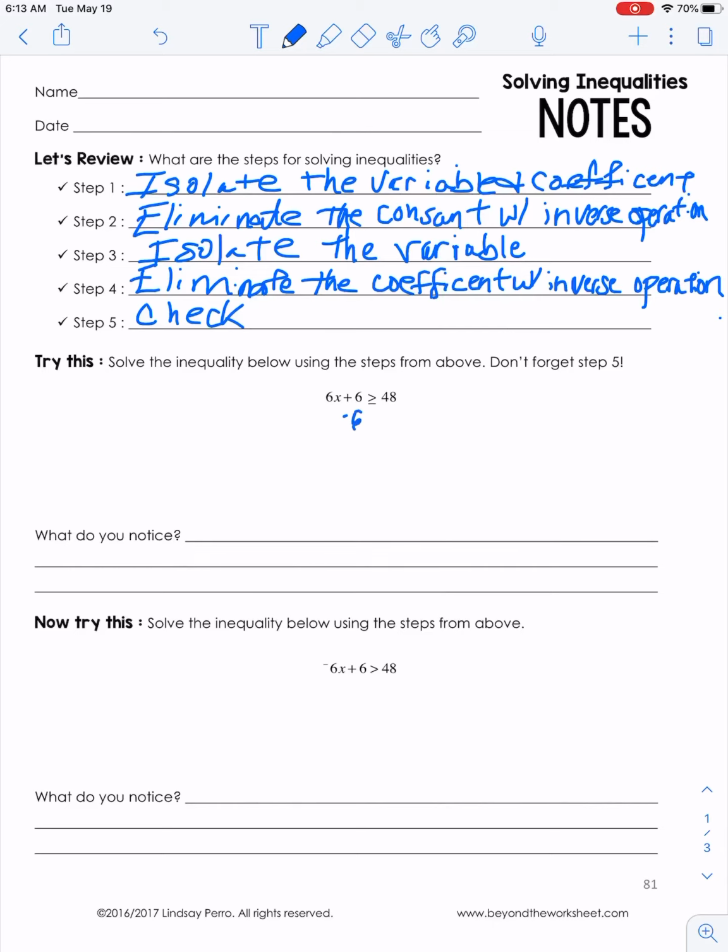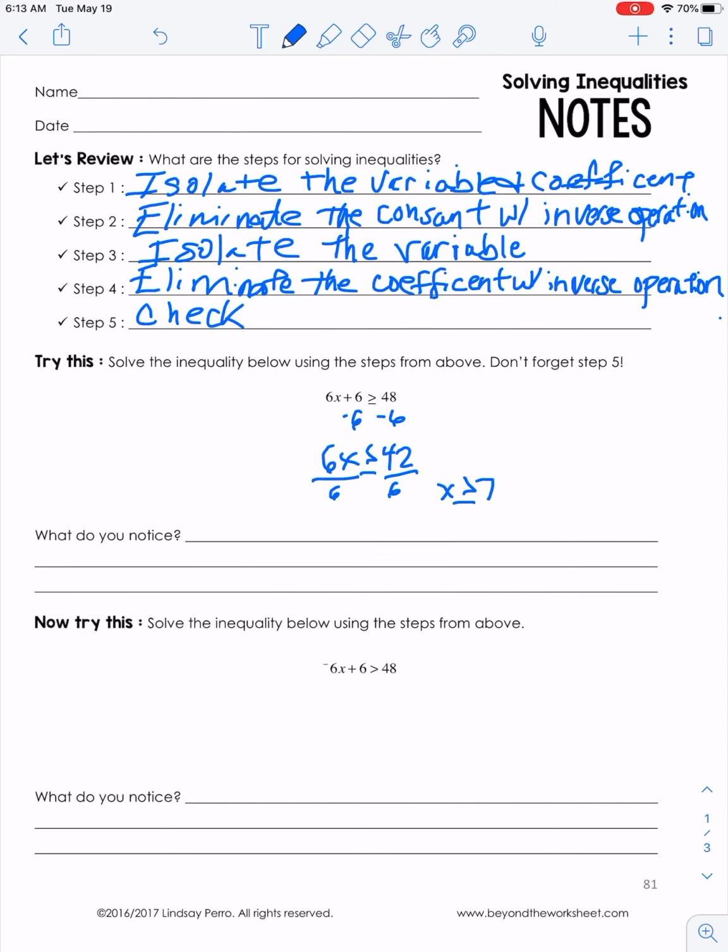Minus 6, minus 6. So 6x is greater than or equal to 42. Divide by 6, divide by 6, because the inverse of multiplication is division. So x is greater than or equal to 7.